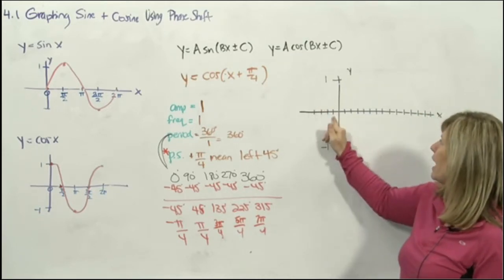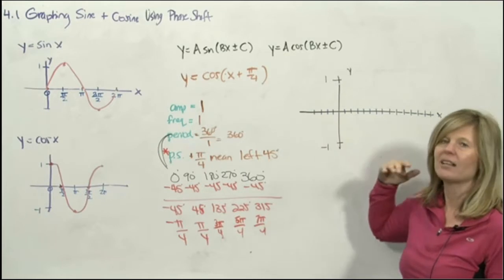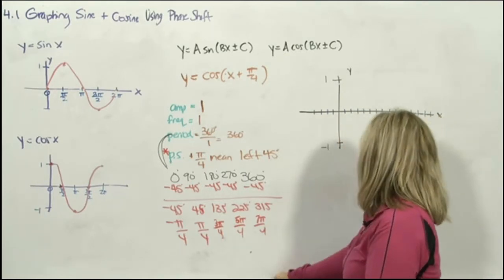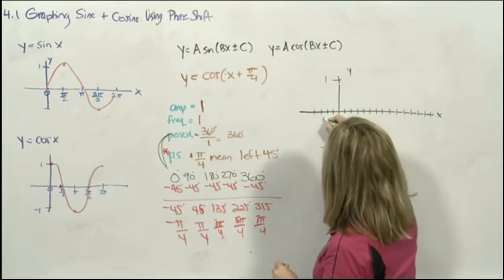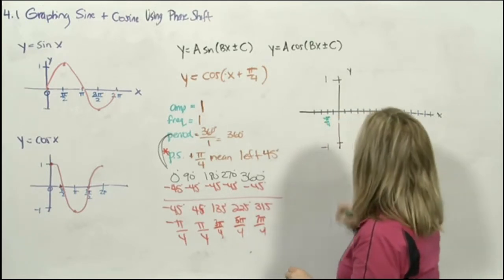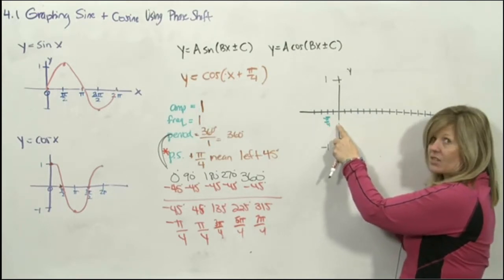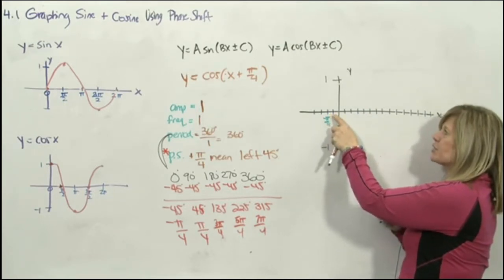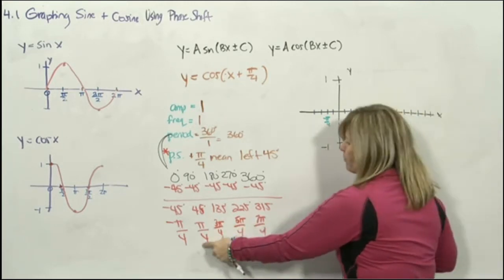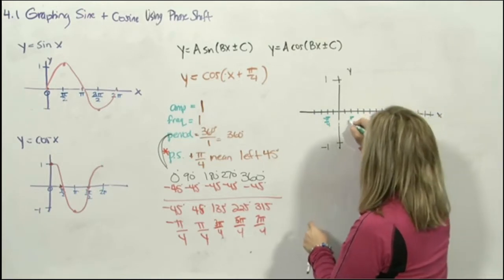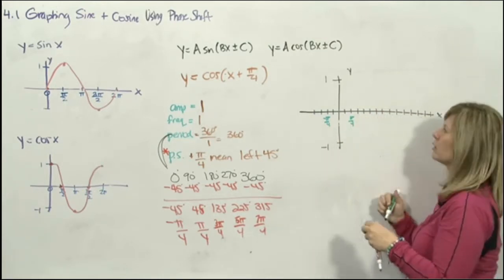I don't care if you put it at the first blue line or the second blue line. It doesn't matter to me. But if I put negative 45 at the second blue line, I'm saying between negative 45 and the axis here, I skipped a spot. So when I go to put positive 45, I can't put it at this blue line. I got to skip a spot. Makes sense? Because it's got to be symmetrical.